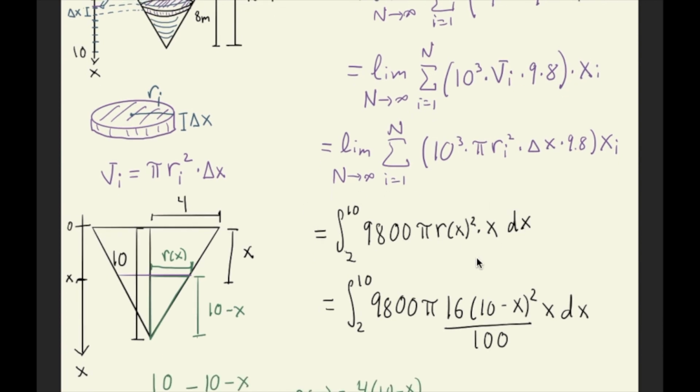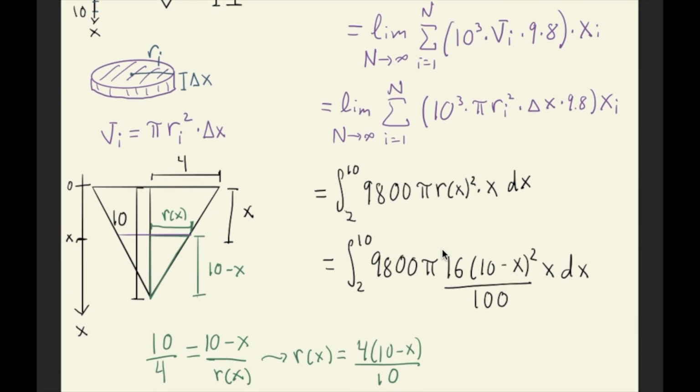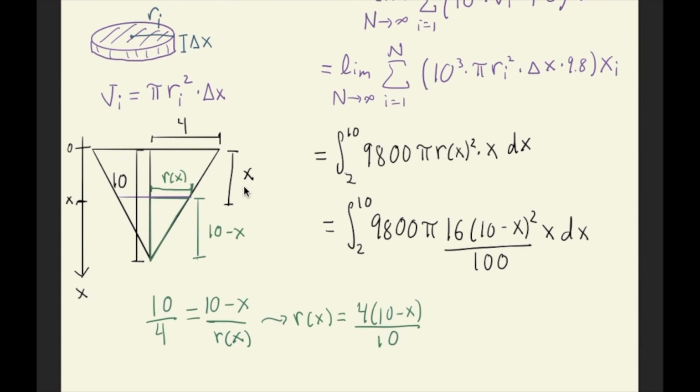So this is the integral formula for the work, which we need to compute, but we still need to figure out a formula for the radius of the slice at x. That's why we used this triangle similarity here. The total height was 10, the length of the base was 4, the height of this smaller triangle is 10 minus x, and the base was r of x.